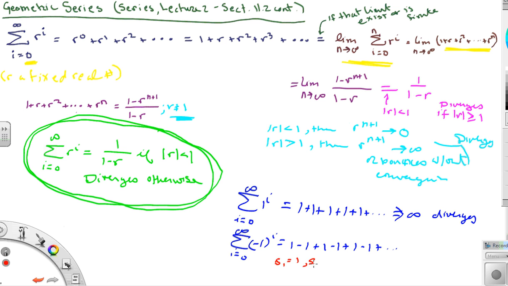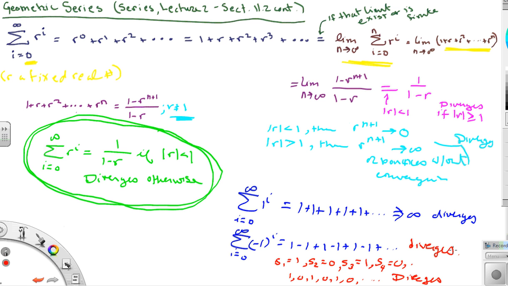S2 is going to equal what? 1 minus 1, which is 0. S3 is going to equal what? 1 minus 1 plus 1, which is 1. S4, you guessed it, 0, so on down the line. So the sequence of partial sums is 1, 0, 1, 0, 1, 0. That diverges. That doesn't even go off to infinity. It doesn't zero in on anything, so this diverges as well.